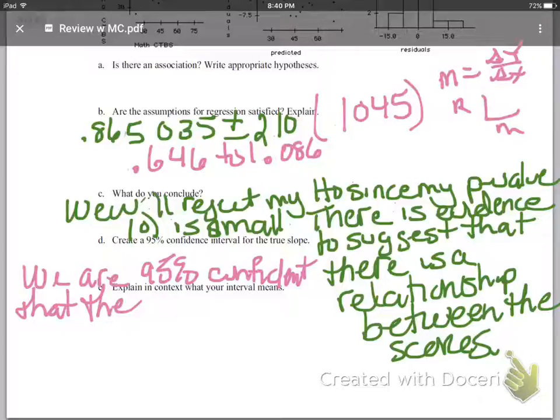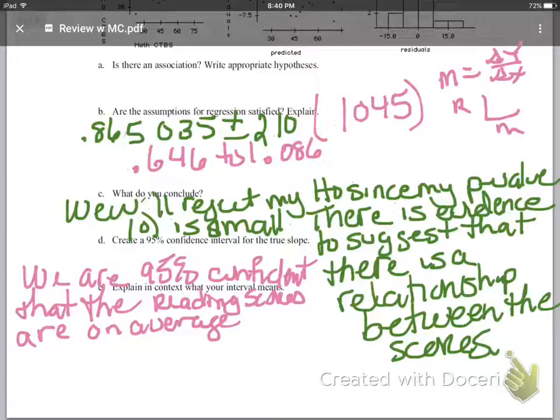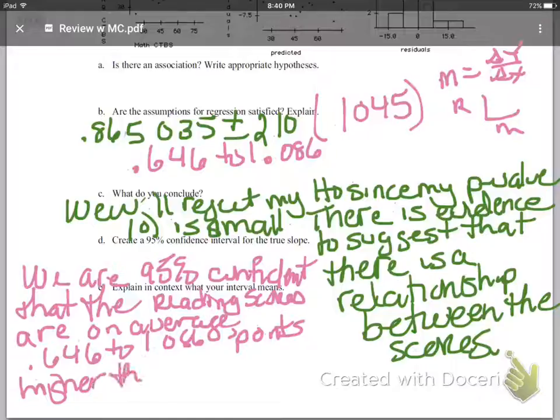So we are 95% confident that, and I'm going to talk about the reading scores because remember it's y over x, that the reading scores are, now I got to say on average, 0.646 to 1.086 points higher, because it's a positive, than the math scores. All right.